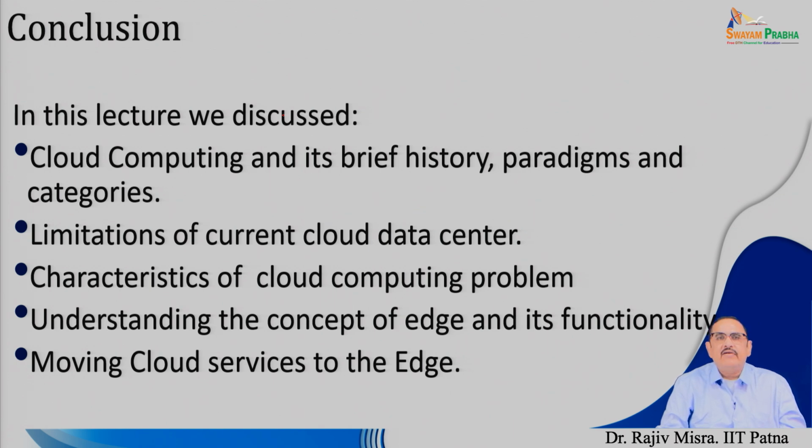The most important reason is that using cloud services, most applications need to access the cloud directly, and that requires a lot of round trip time, and therefore a lot of latency is added.